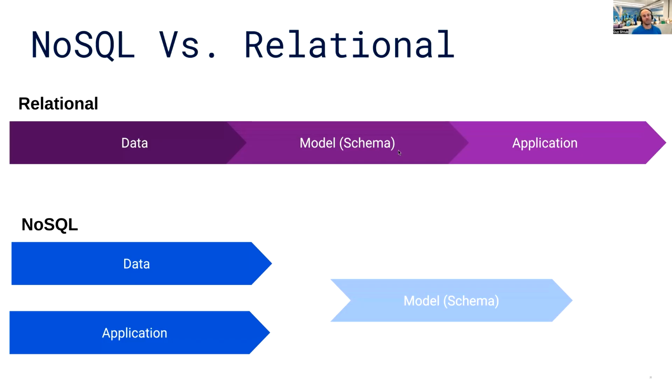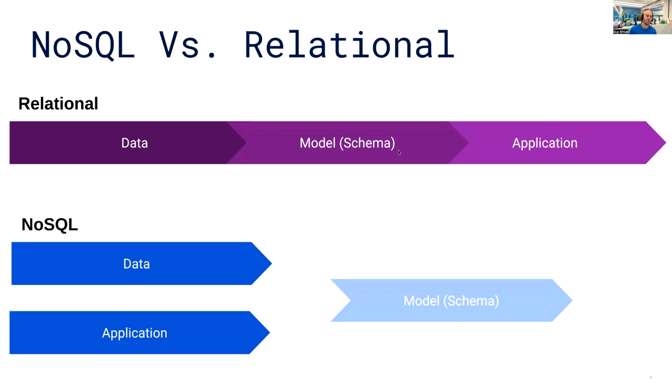So typically, in relational databases, when we think about data modeling, we start with our data. We think about the entities, the different relationships between those entities. We create an entity relationship diagram. Then we create our schema. And finally, we think about our application and our queries. This is the typical process.